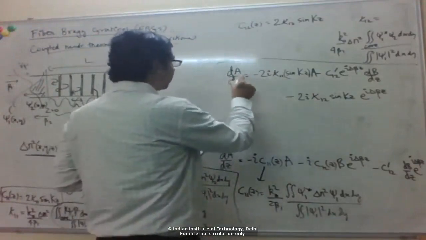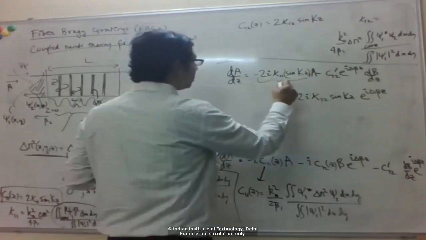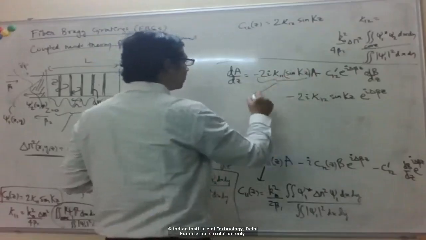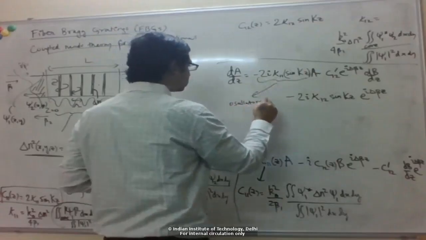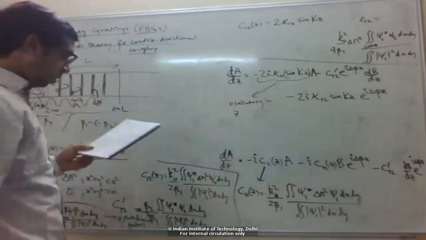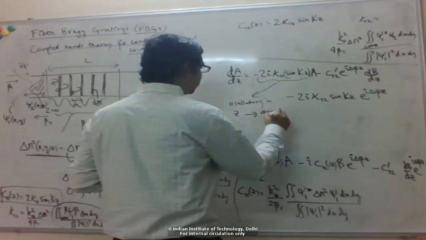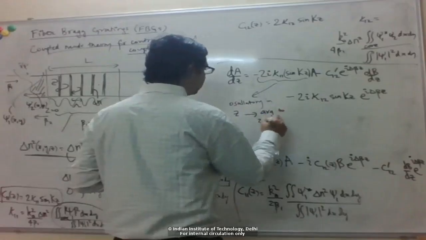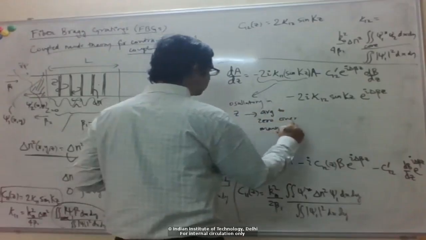Here the first term: dA by dz is some term times A, and this term is actually sinusoidal in Z, so this is oscillatory in Z. Basically it will average to 0 over many periods.